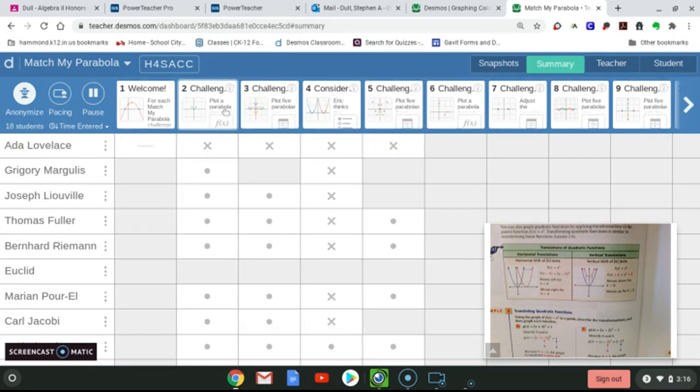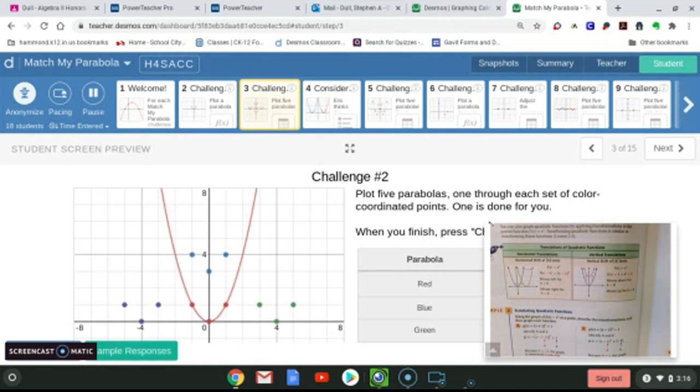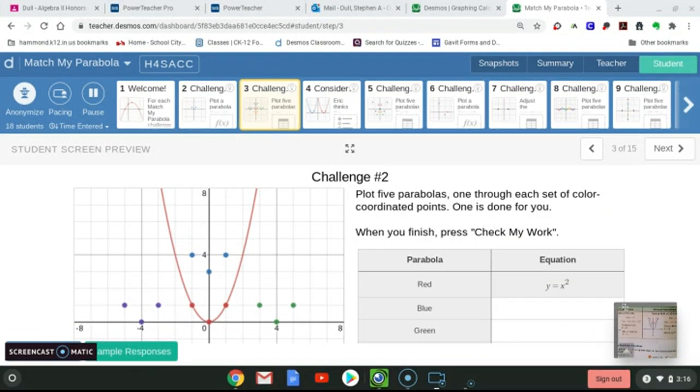So a little bit earlier today, we were working through a Desmos activity, and we were trying to use what we had learned to write equations of parabolas that matched these points.